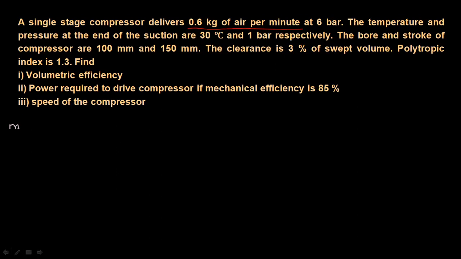So mass flow rate of air is how much? 0.6 kg per minute. I always told you, in thermal engineering, this mass flow rate you have to take in kg per second. 1 minute is 60 seconds. So 0.6 divided by 60 kg per second. How much is it?